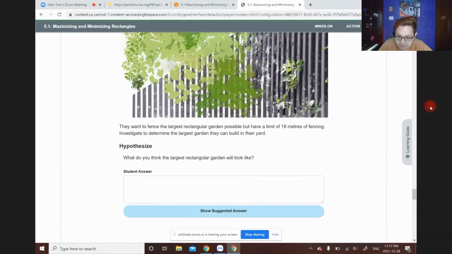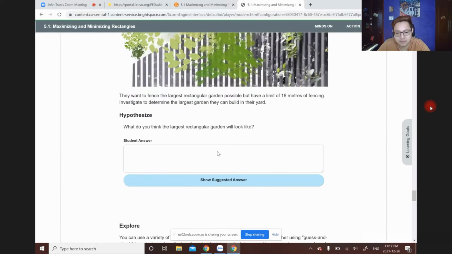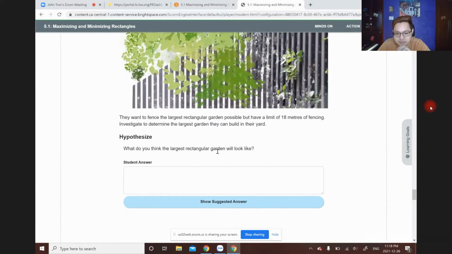So, 18 meters of fencing. Investigate. Well, 5 and 4.